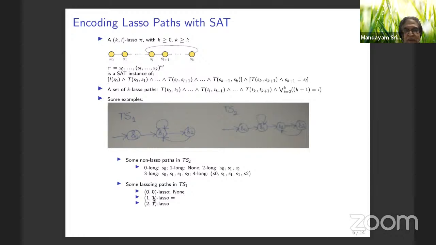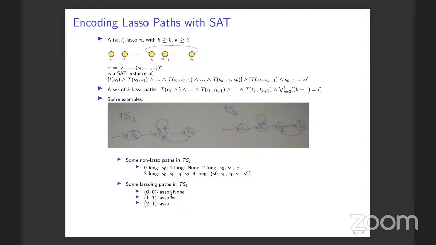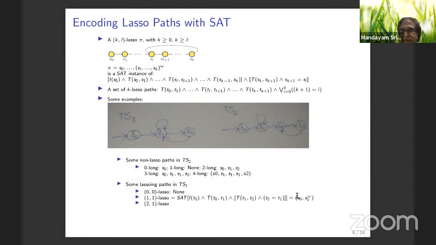So is there a 1-1 lasso in TS1? Yes, because there's S1 going to itself, in TS1, correct. So that part is a satisfying instance of this formula, and it represents S0 S1 omega. So that is the lassoing part, and I'm also giving you the infinite path corresponding to that K prefix that it denotes.